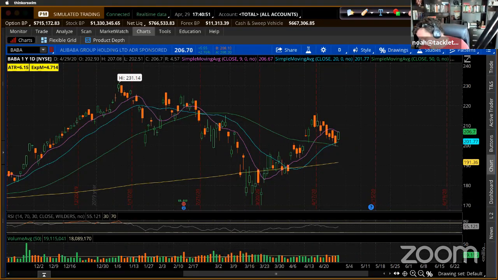And with Amazon reporting this week, I don't know how Amazon's going to perform, but if Amazon performs well, BABA is kind of simpatico. Similar business models, different parts of the world, but I like the general setup. And in this case, again, risk reward, small risk profile.